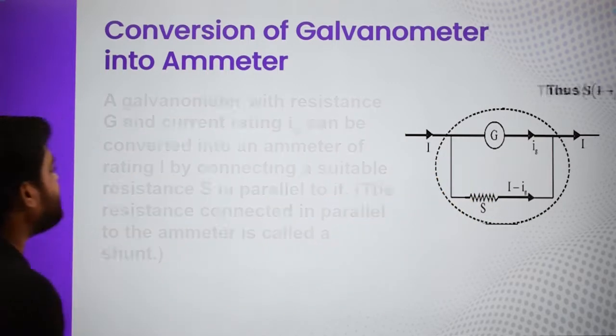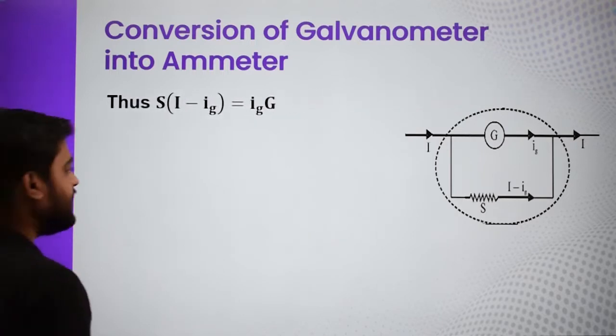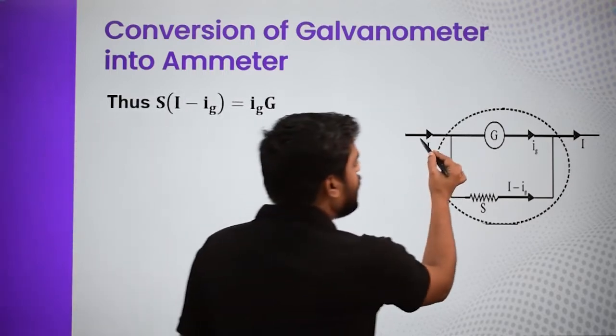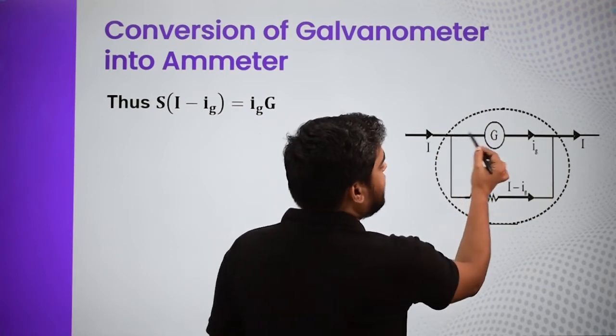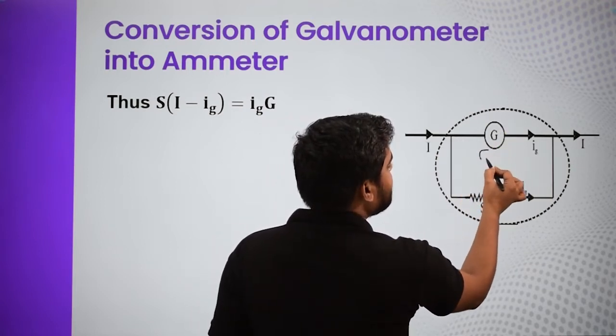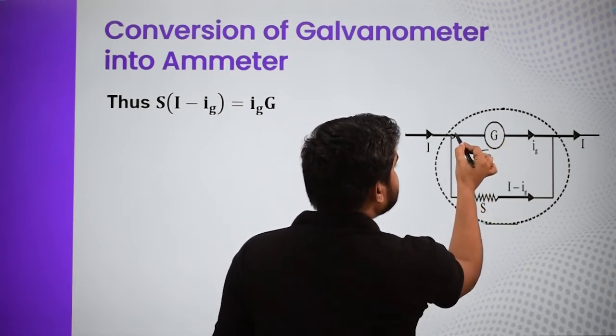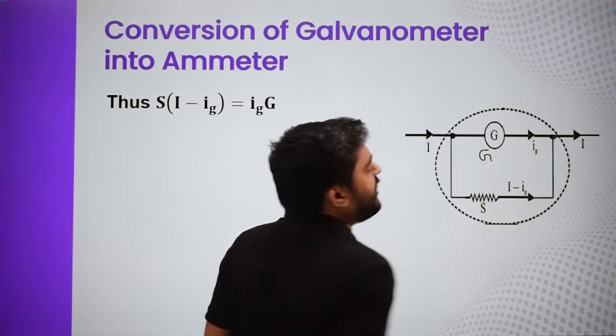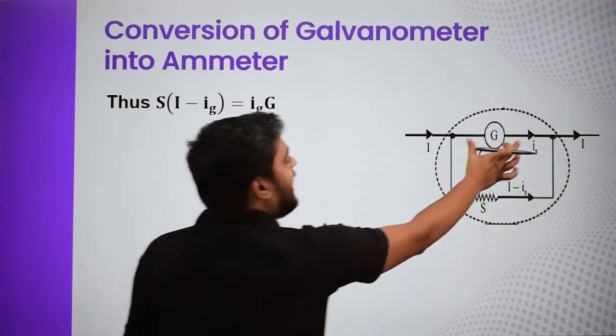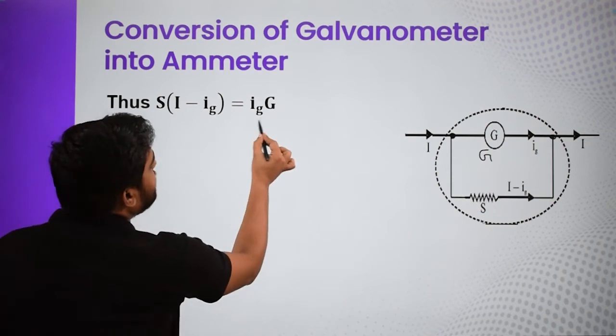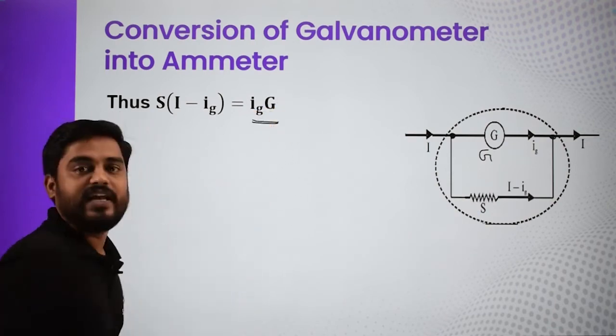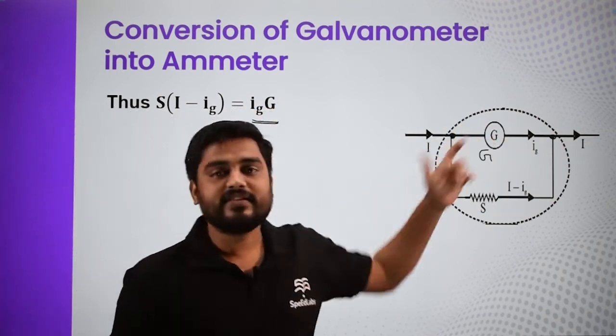What is the calculation behind it? Let's see. Here the total current coming is I, and the galvanometer has a resistance G. I am just saying the potential difference between these two points is either Ig into G, where G is the resistance of the galvanometer and Ig is the current in the galvanometer.